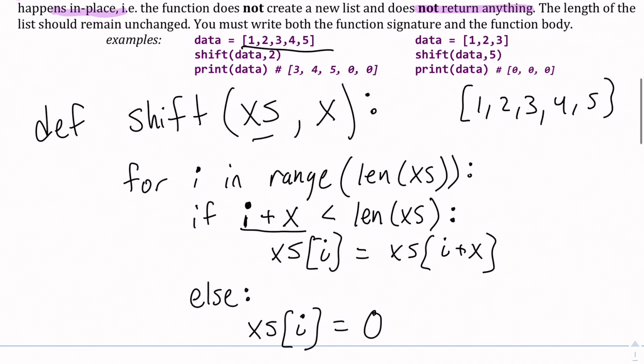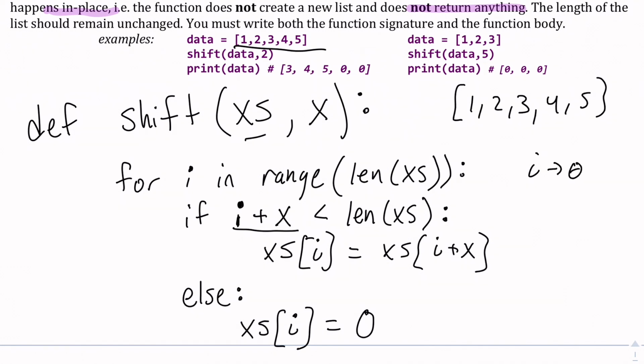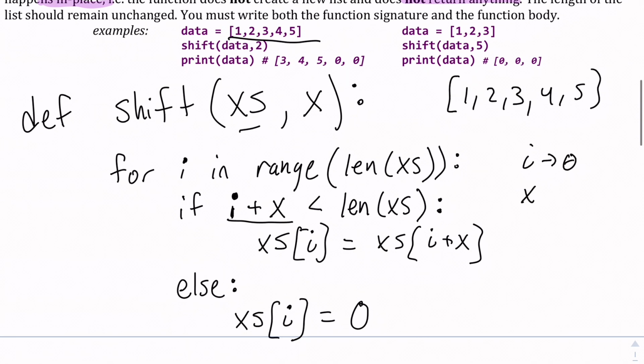If I start with a value of I as 0 and an x value of 2, like in the example, 0 plus 2 is index 2. Index 2 is less than the length of this list, so 2 is less than 5. So what we're going to do is take the thing in index 2 and put it in index 0. So we're going to copy that information. Index 0 is now the number 3.